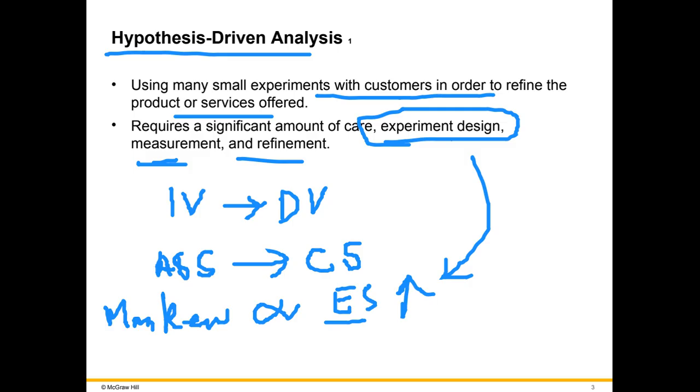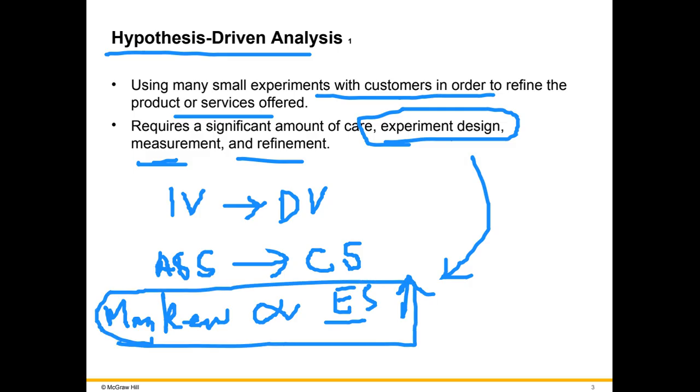We were thinking that if you increase the monetary rewards, employee satisfaction will go up. But if you do the surveys, you'll come to know that this was not true; the employee satisfaction is not increased. This kind of process can be called hypothesis-driven analysis.